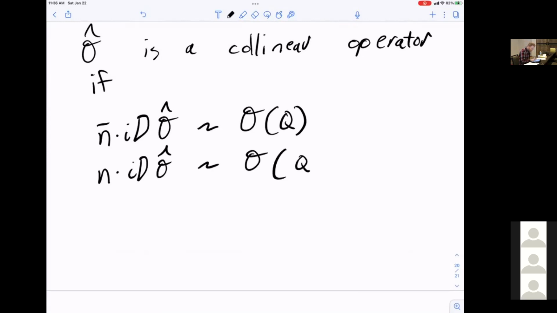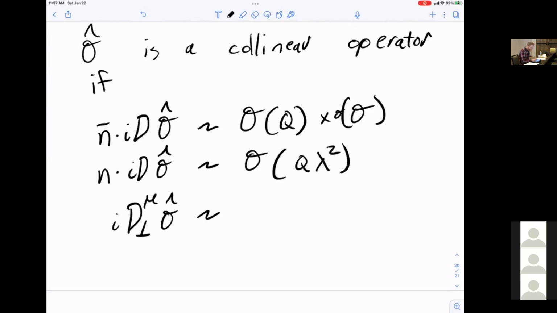This will be order Q lambda squared in my power counting, times whatever is the order of my operator itself. So if my operator was order 1, then it would just be order Q. If my operator is already down by several powers of lambda, then this thing is just at the same order as my original operator.